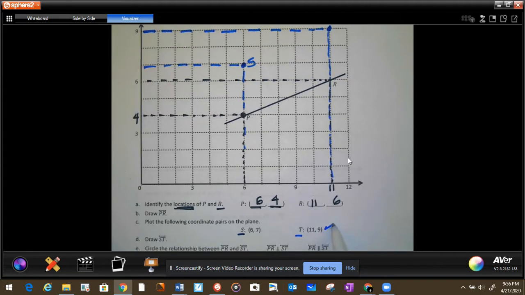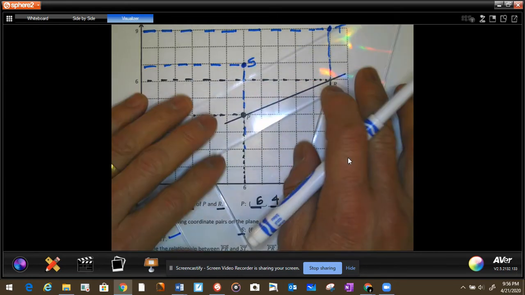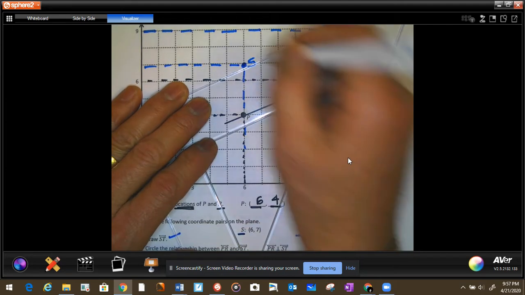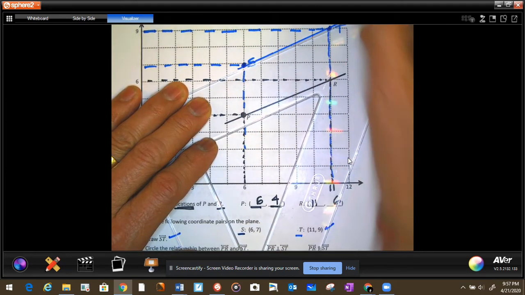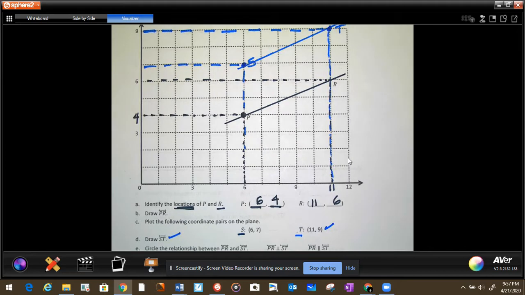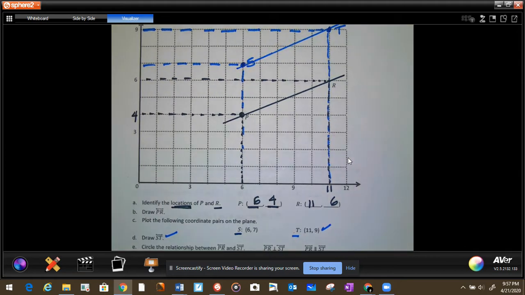So now that's the location, and let's label that as T. So we follow the task. Now it says draw. So we're going to draw. We're going to do the same thing again. I don't know if you get this, but we're going to look at this to see if they are parallel lines.